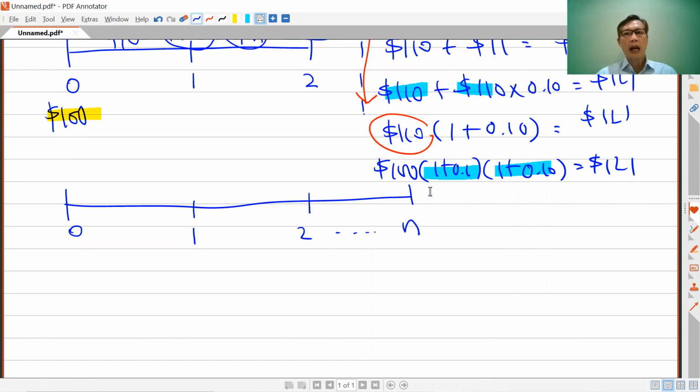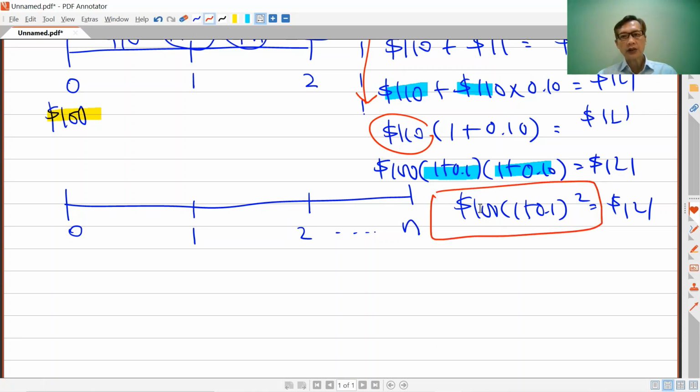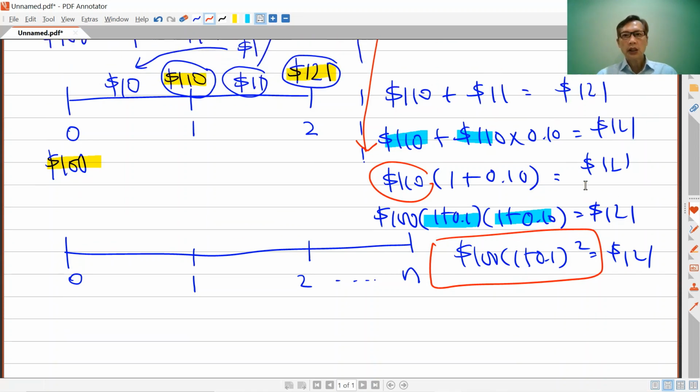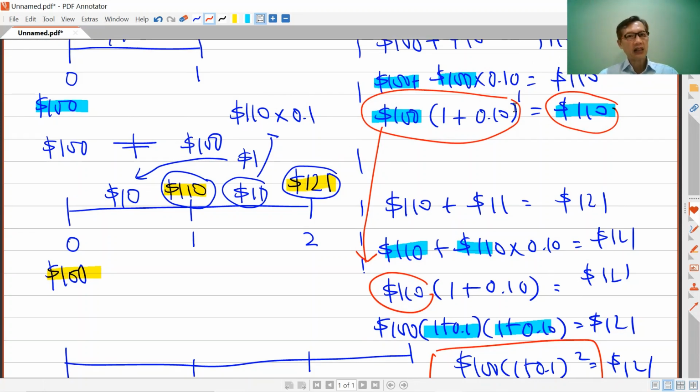It should be to the power of 2: 100, 1 plus 0.1 to the power of 2. So for 2 years, it will be just the 100 you start off with, 1 plus the rate to the power of 2. If it's 1 year, it will be the 100 you start off with, 1 plus the rate to the power of 1. So with this logic, we can now go for 10 years, n years, etc.